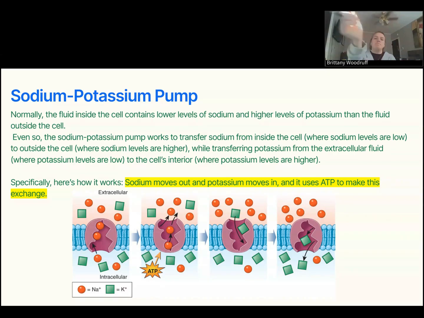The sodium is moving out, potassium is moving in, uses ATP. Do not worry about knowing that it moves 3 sodiums out, 2 potassiums in. Just know for now that pumps are active transport mechanisms.